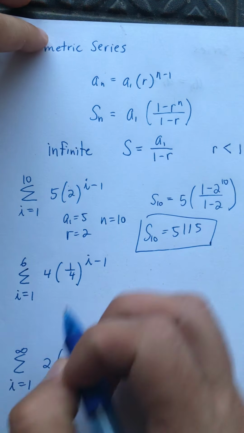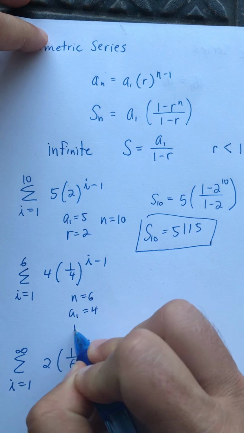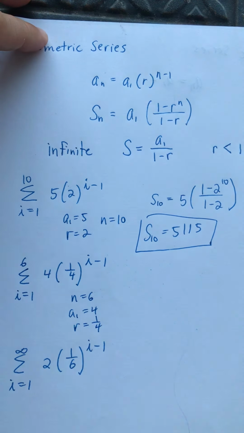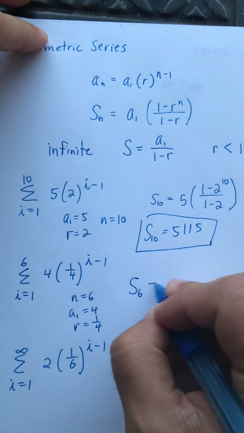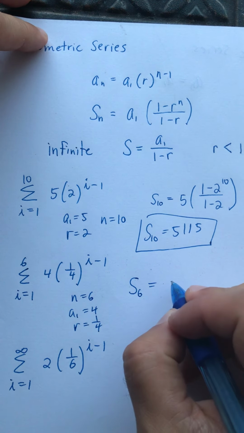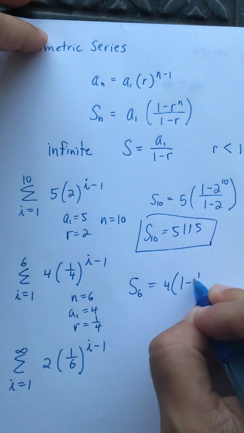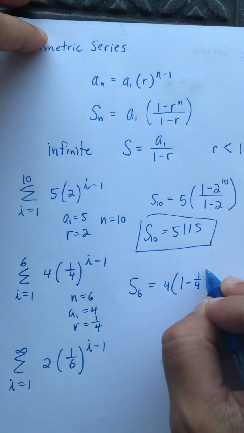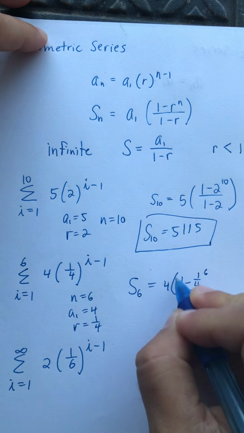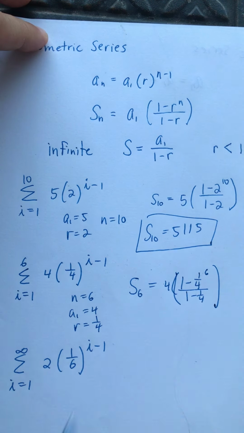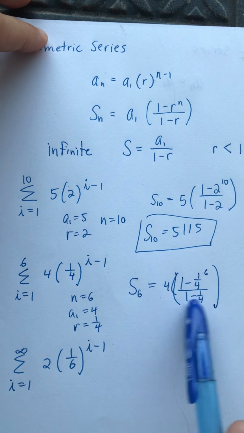We're adding 6 numbers together. N is 6. The first term is going to be 4, and the common ratio is going to be 1/4. So plugging into the formula, the sum of the 6 terms is going to be the first term, which is 4, times 1 minus r, which is 1/4, to the 6th power, divided by 1 minus 1/4. 1 minus 1/4 is 3/4, so I know my denominator is going to be 3/4.